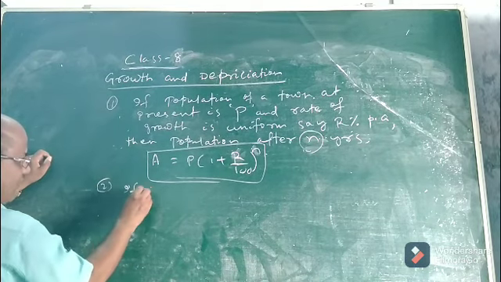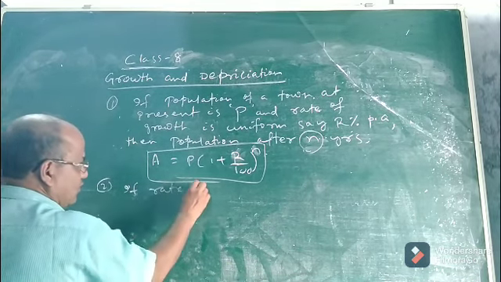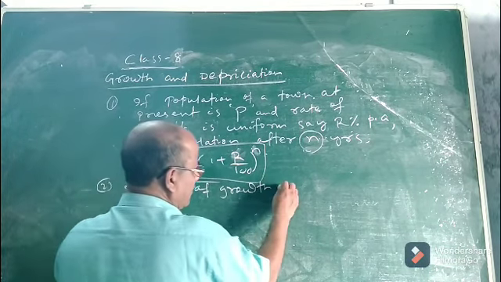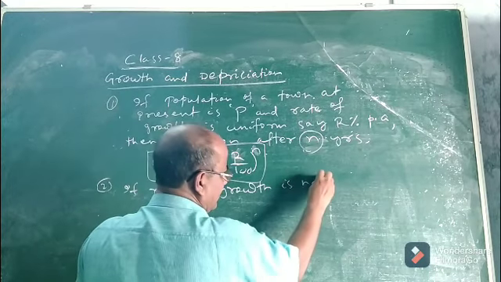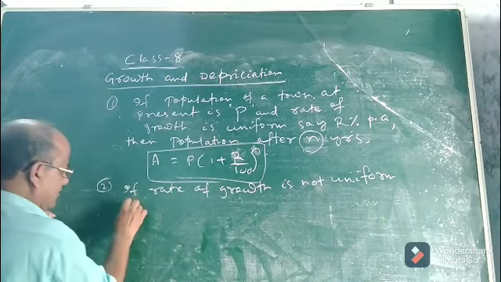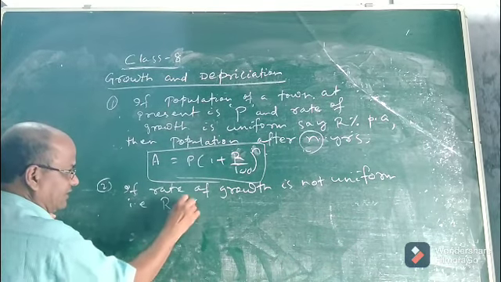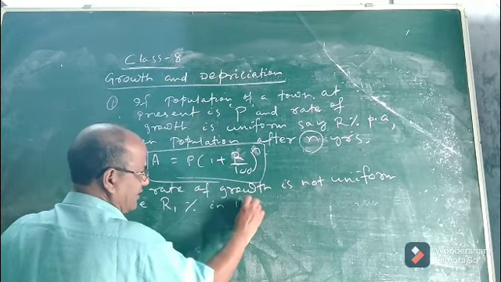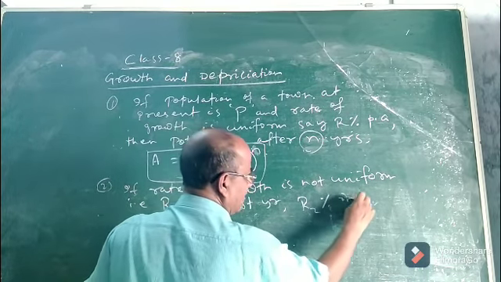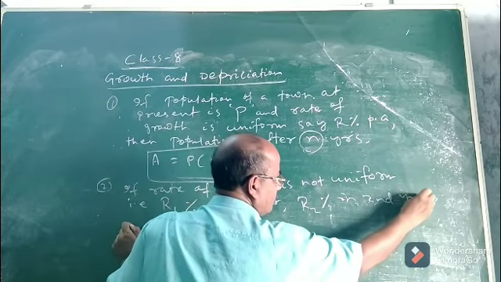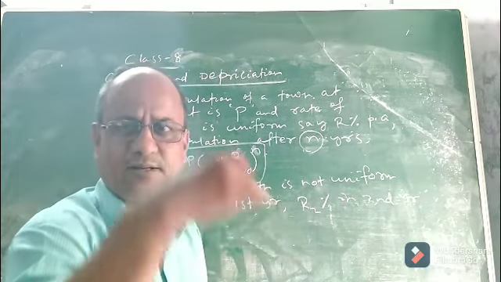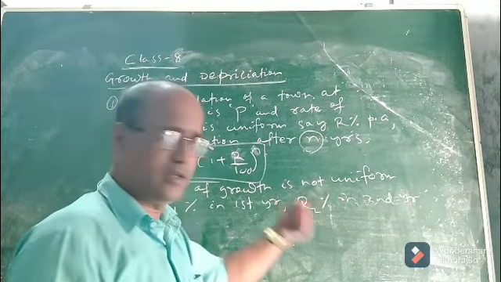Now if the rate of growth is not uniform, what does it mean? Suppose R1% in the first year, R2% in the second year, R3% in the third year, like this. The rate of growth is non-uniform.